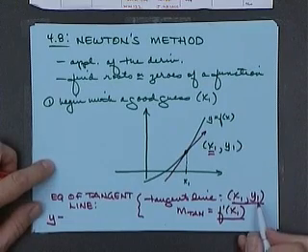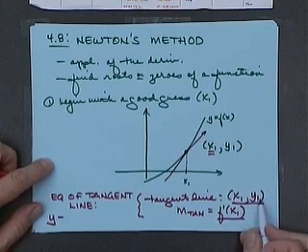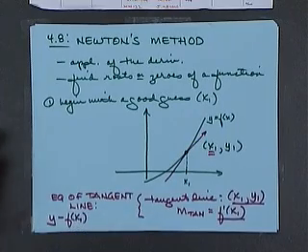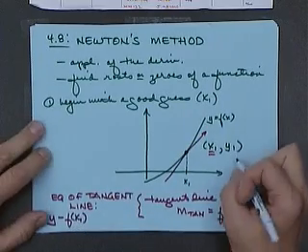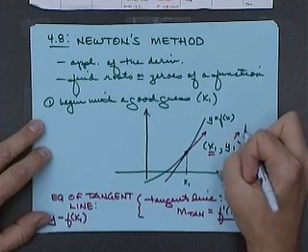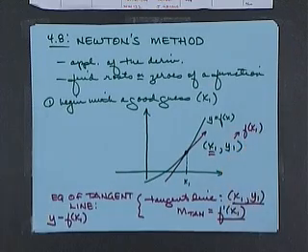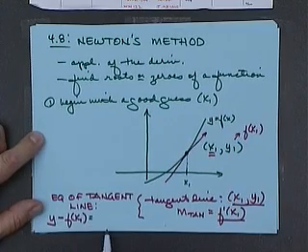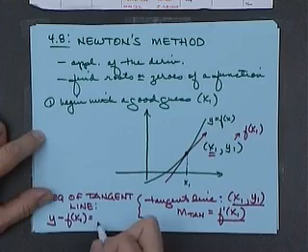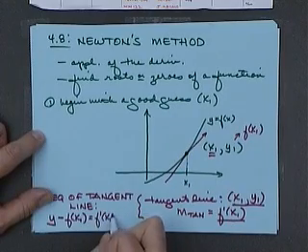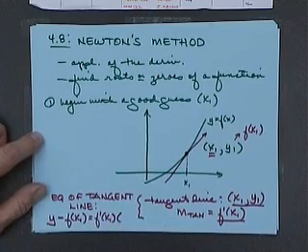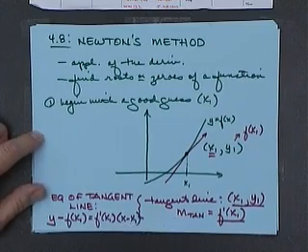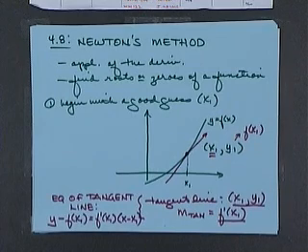What's the known y value? Y1. I'm going to go ahead and call that f of x1. Is that all right? Y1 is really f of x1. So that's y minus y1 equals m, the slope, times x minus x1. x minus the known x value. So there's the equation of the tangent line.